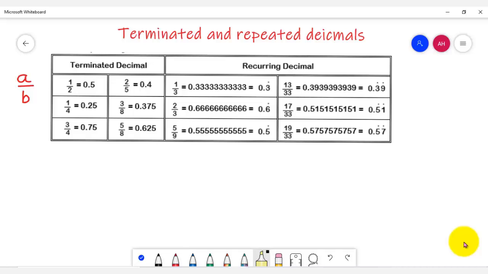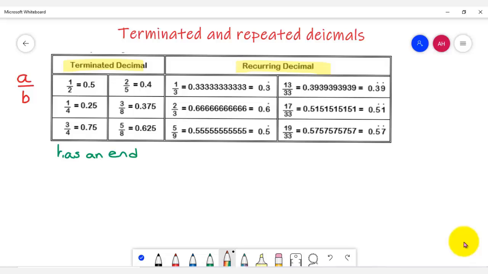We have two types of decimal that can be written in the form of A over B: terminated decimals and recurring decimals. What are terminated decimals? A terminated decimal is a decimal that has an end. What is the meaning that a decimal has an end? Simply, I can count how many decimal places are inside this decimal.